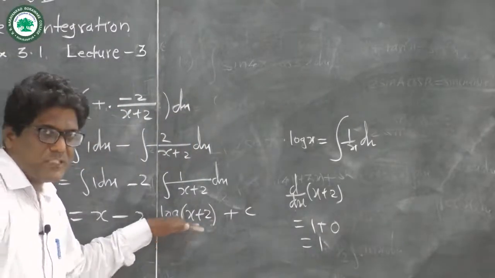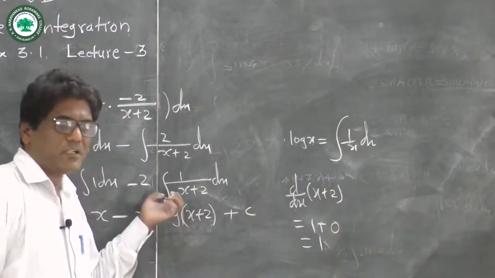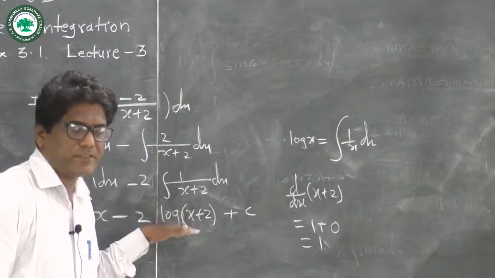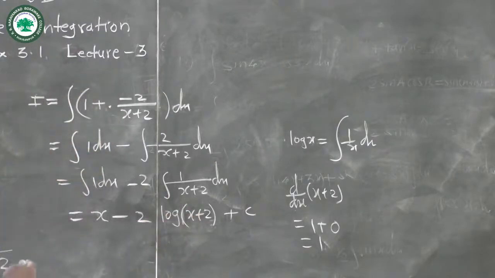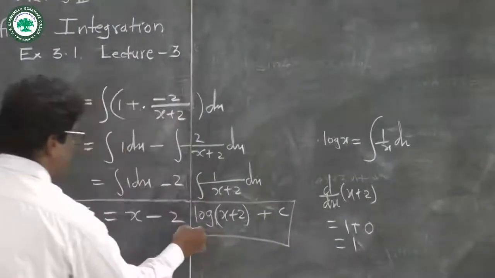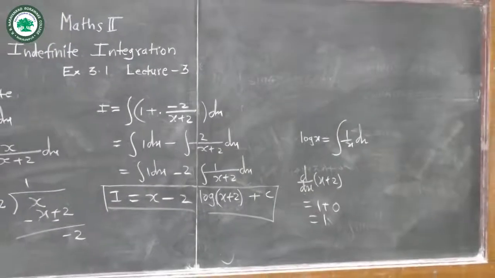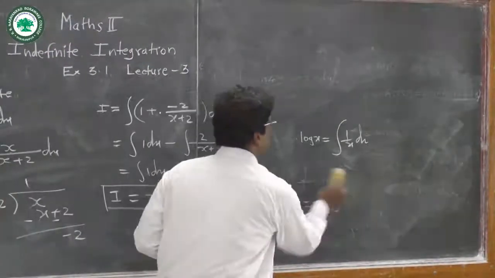There is no need to write 1, because every term has denominator 1. So we get the final solution like this: I is equal to x minus 2 log of x plus 2 plus constant of integration. Now take the screenshot of this.